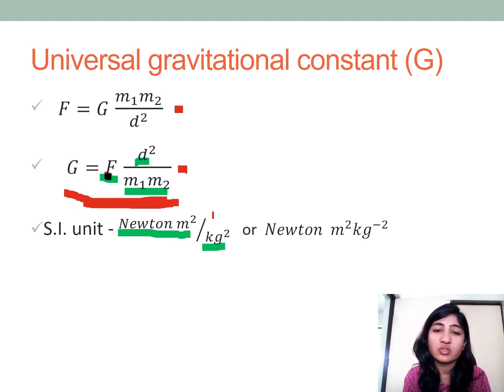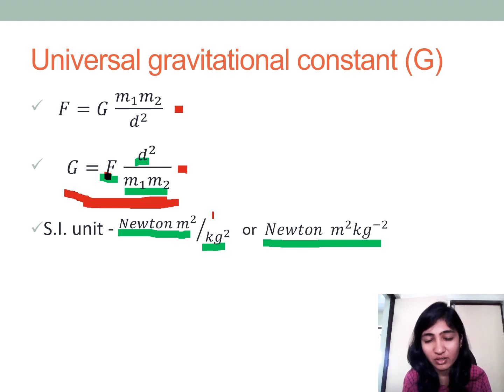So Newton meter square per kg square. You can also write it like Newton meter square and kilogram raised to the power minus 2. As it is in the denominator, you can write it in the numerator with negative power.